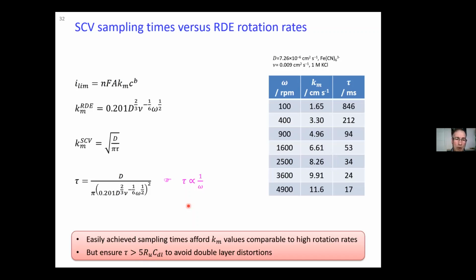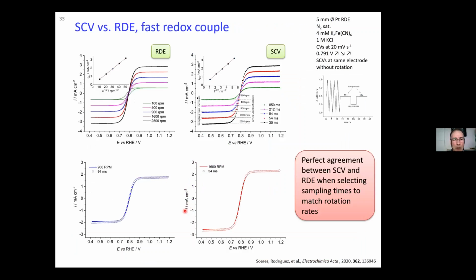So these are comparisons between rotating disc electrode experiments and sampled current voltammograms. This is performed for ferro and ferricyanide in KCl. We have the traditional rotating disc electrodes for a range of rotation rates, starting with slow rotation and then increasing the rotation rate. If you plot the limiting current against the square root of the rotation rate, you get the traditional linear relationship.